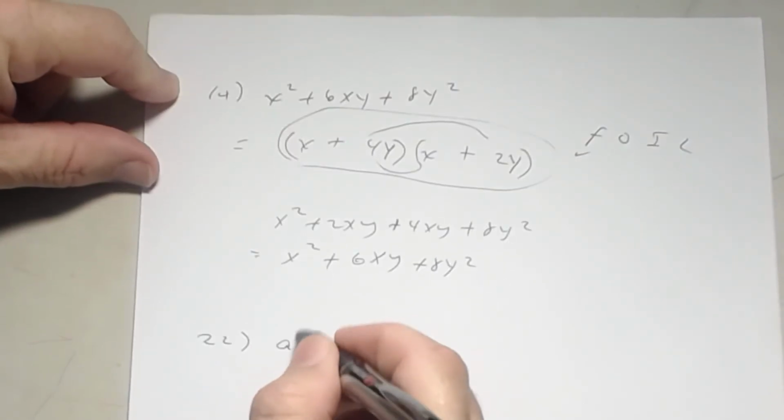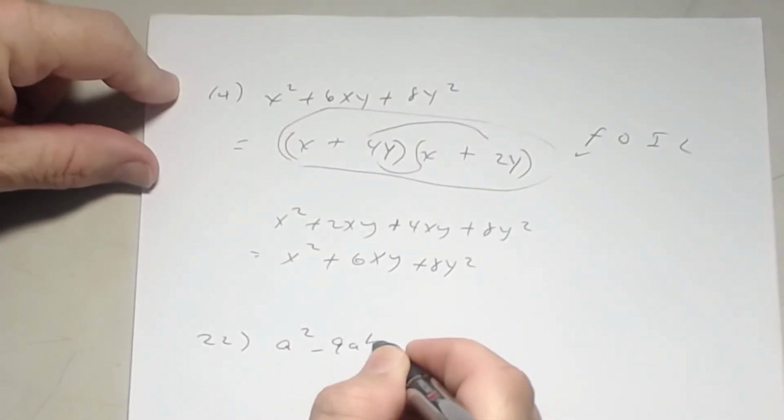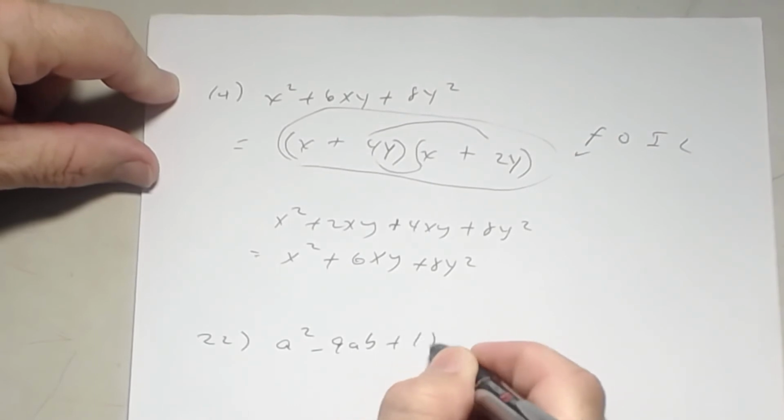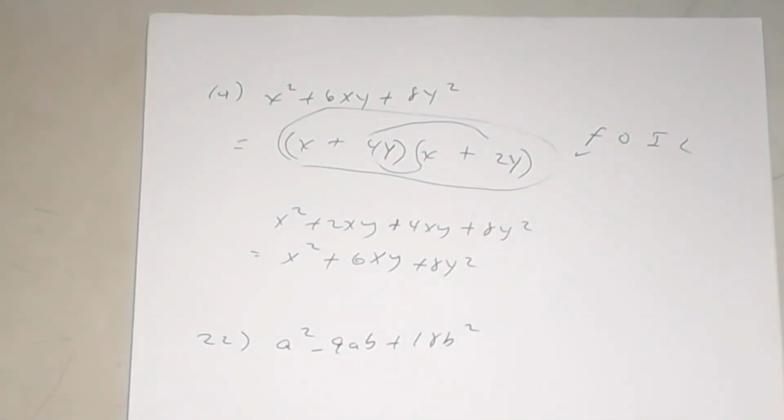You have a squared minus 9ab plus 18b squared. It's not 1. What's the GCF? GCF is 1. Why do you keep saying that when the last term doesn't have an a in it? Okay, GCF is 1. So it's a trinomial, so you're going to factor it into two binomials.